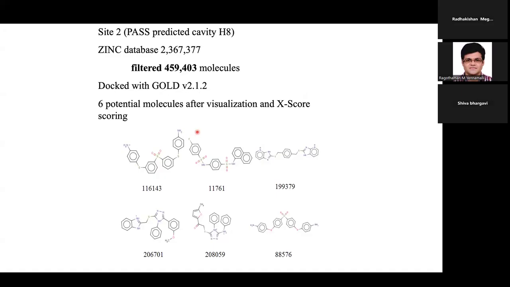So we went ahead with GOLD and identified 6 potential molecules which can be tested against the dengue protein.